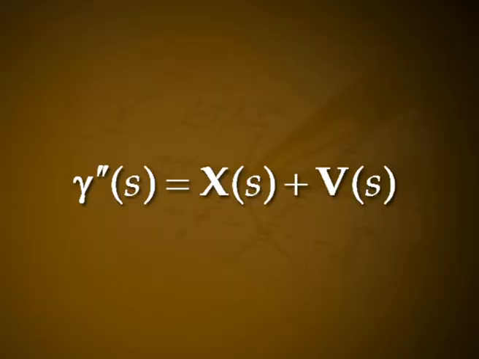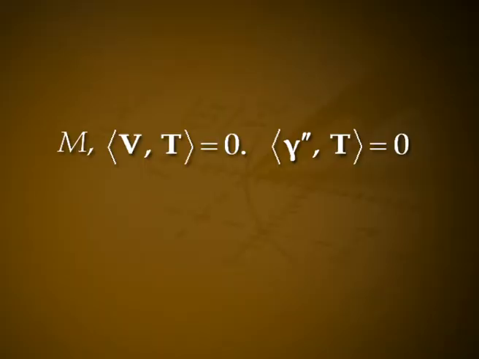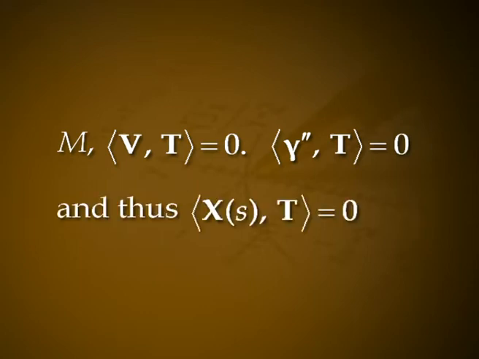In particular, this may be done for the vector gamma double dash(s). Gamma double dash(s) is equal to X(s) plus V(s), where X(s) is tangent to M and V(s) is normal to M. Since T(s) is tangent to M, the inner product of V and T is equal to 0, the inner product of gamma double dash and T is equal to 0, and thus the inner product of X(s) and T is equal to 0 also.